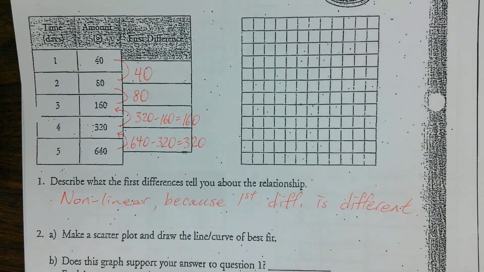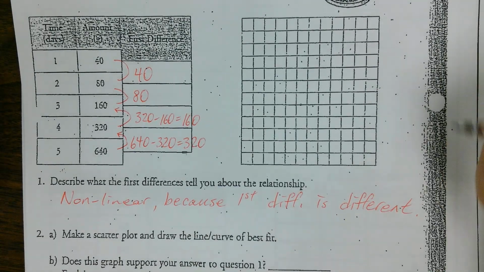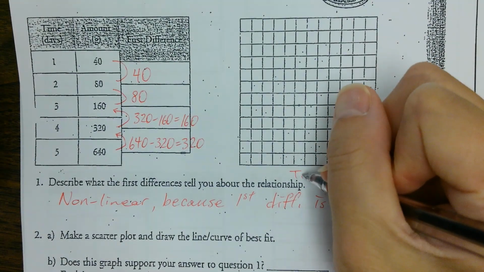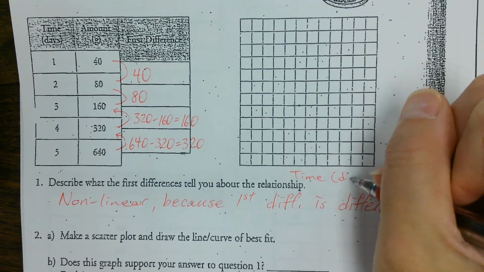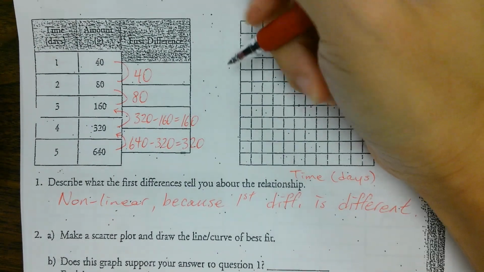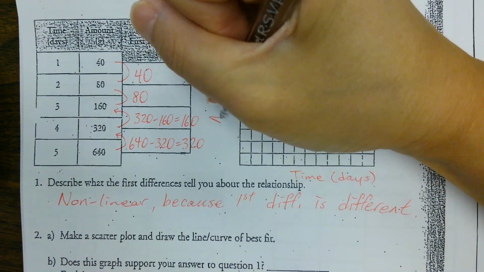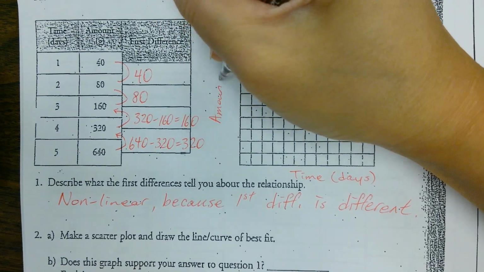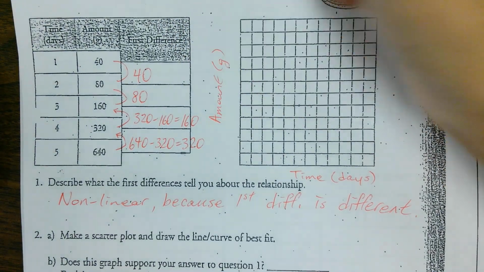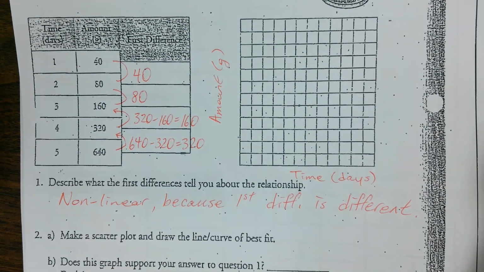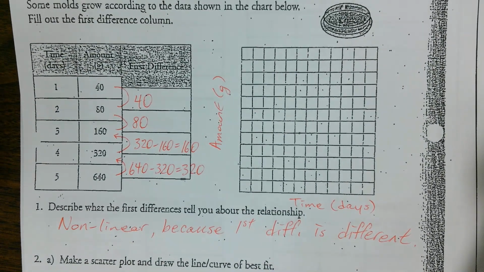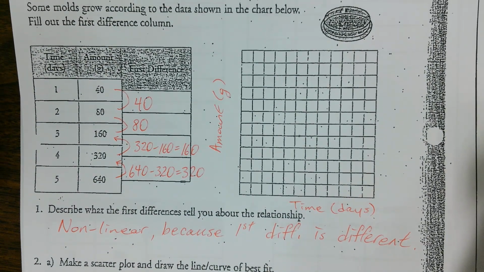Okay, drawing my graph. Time goes on the bottom with days. Amount with grams. Give it a nice title. Amount versus time. Amount of mole versus time.